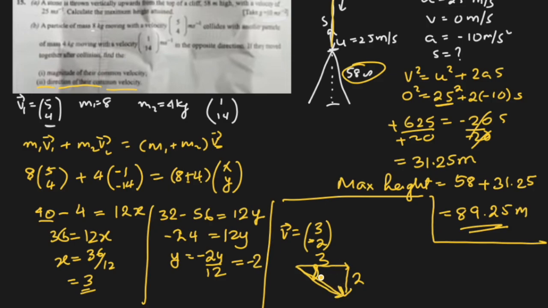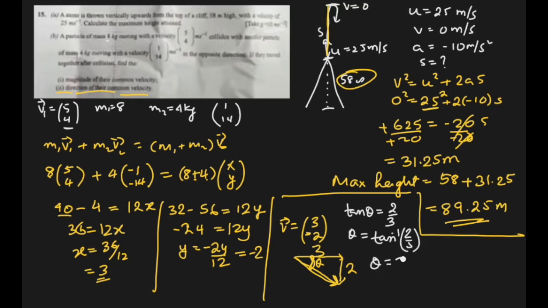All right. So what can we do? Let's find this theta. Tan theta will be 2 over 3. So theta will be tan inverse 2 over 3. It comes out to be 33.7 degrees, almost. Okay, so if this is north, we can see the bearing as this one.